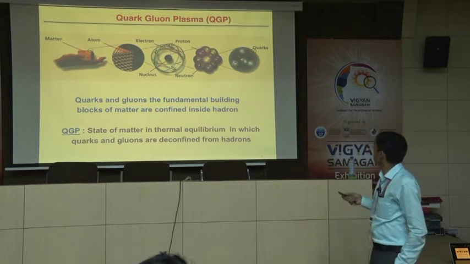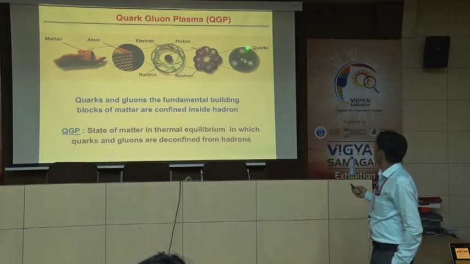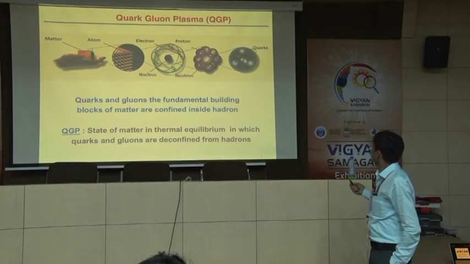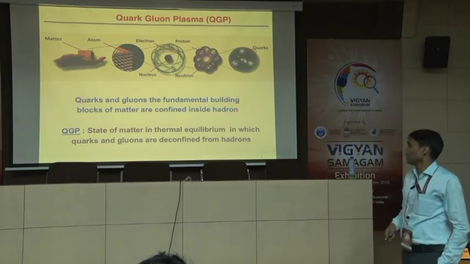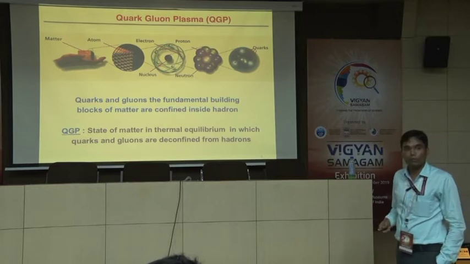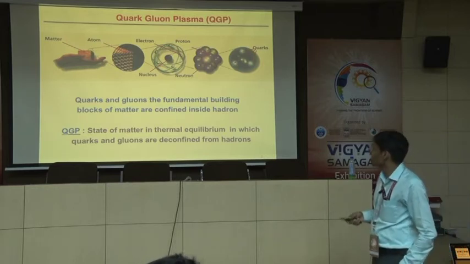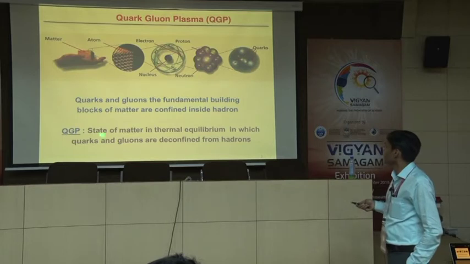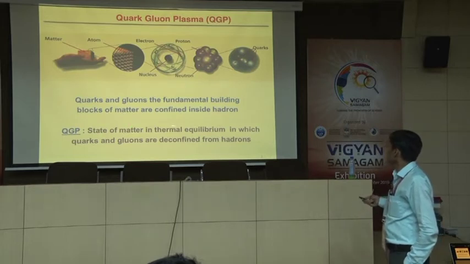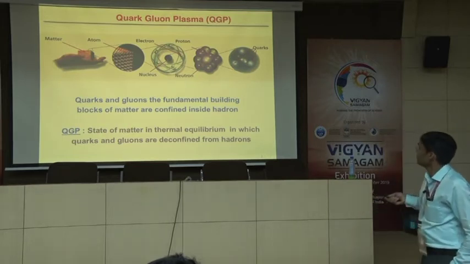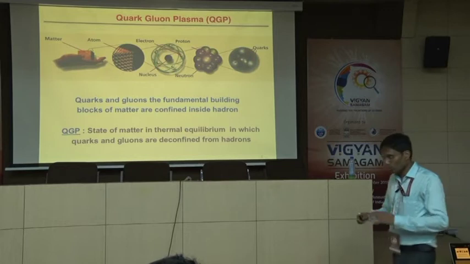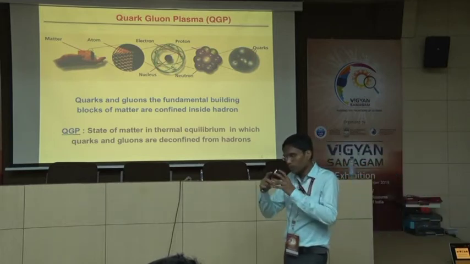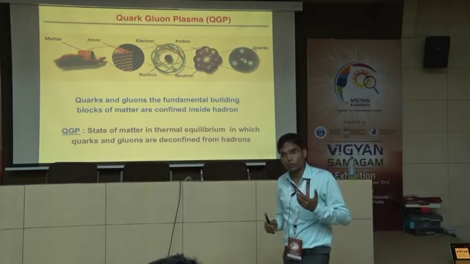So, now these quarks and gluons. However, if you can make some arrangement or perform some experiment such that you make them free, so a state of matter, okay, where your quarks and gluons are deconfined from hadrons. So, quarks and gluons are confined in hadrons, you know what hadrons are.